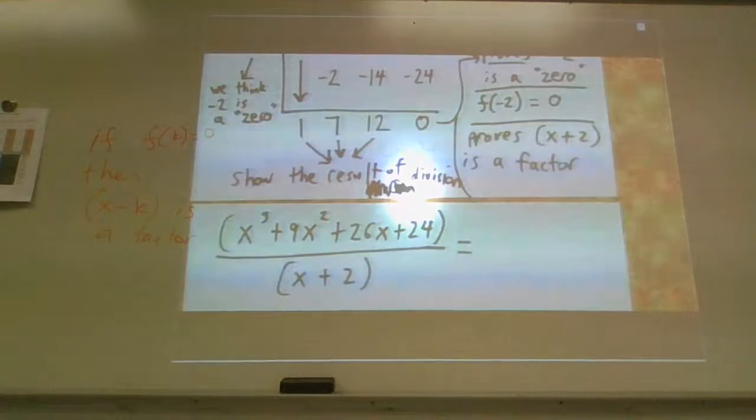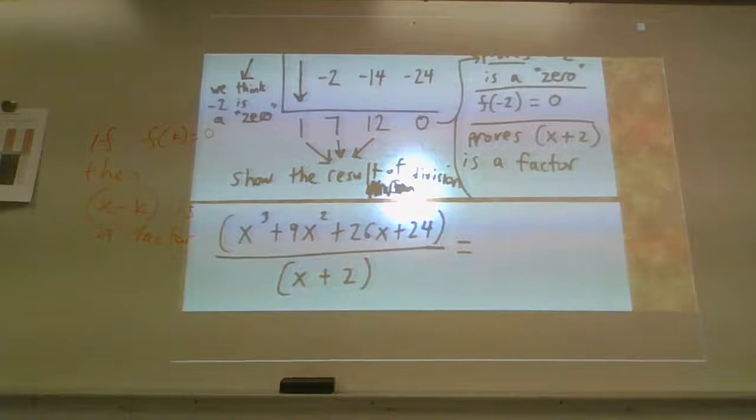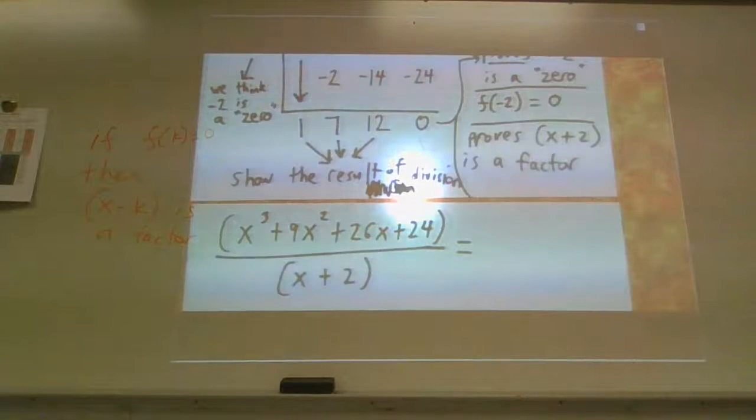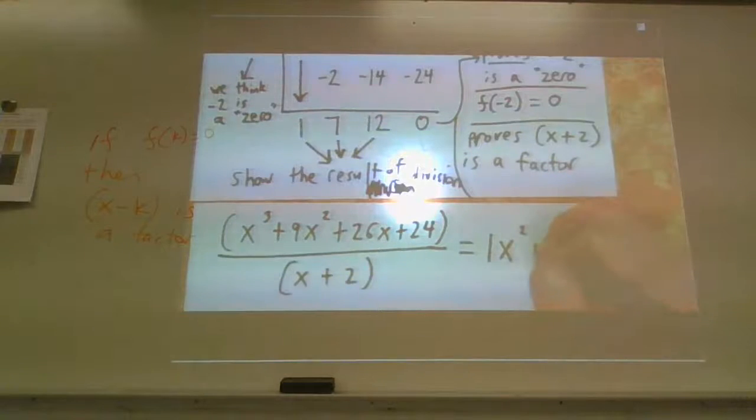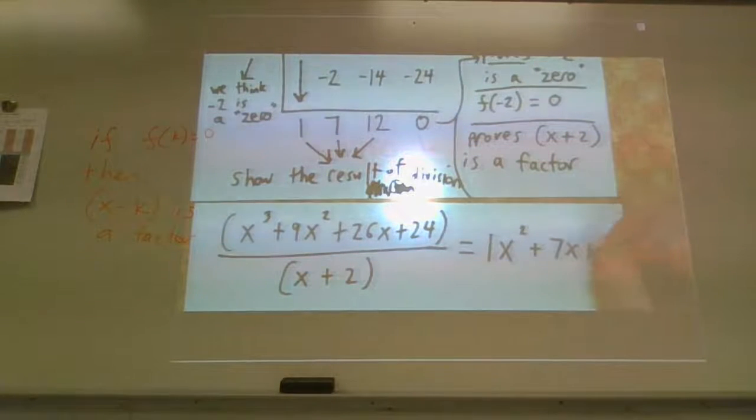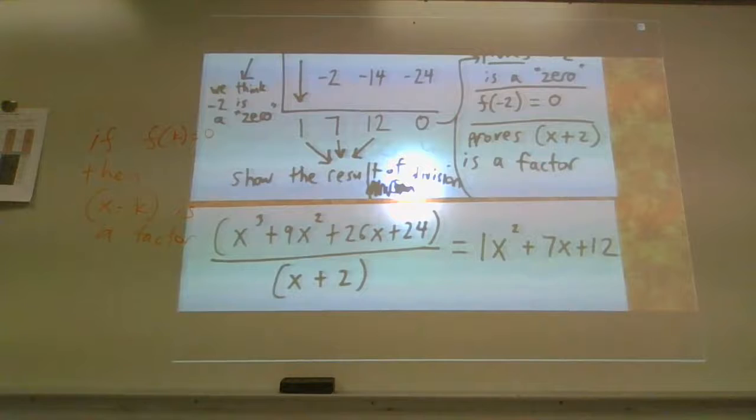The 1, the 7, and the 12 actually make up 1x squared plus 7x plus 12. You actually multiplied, or I'm sorry, divided, I should say. You actually divided two polynomials. Insane.